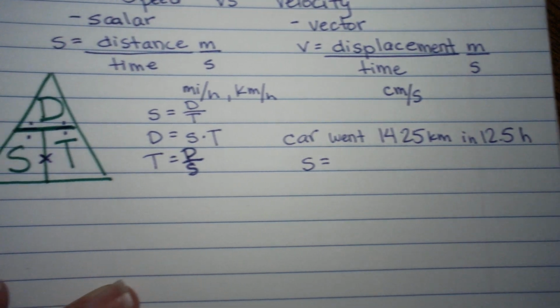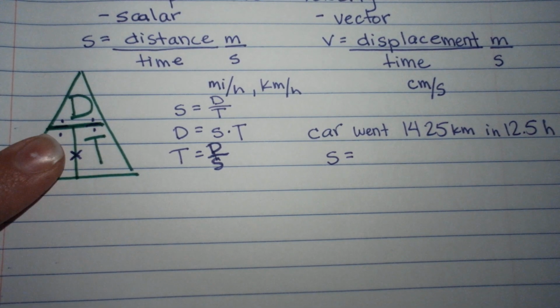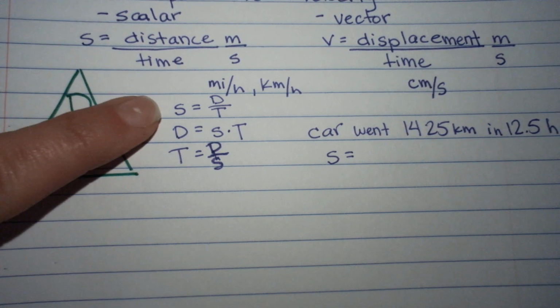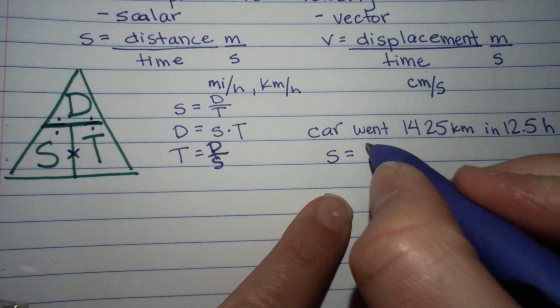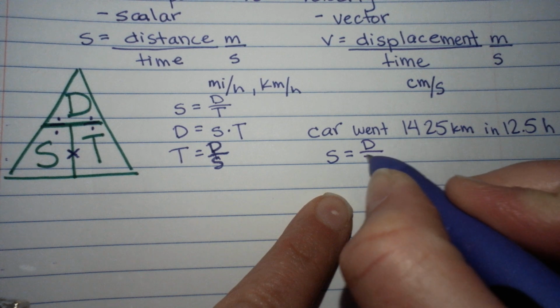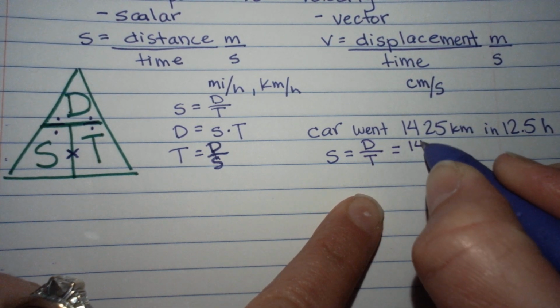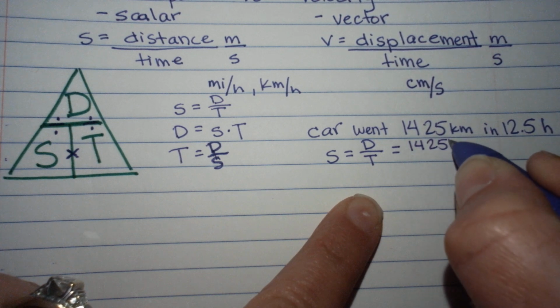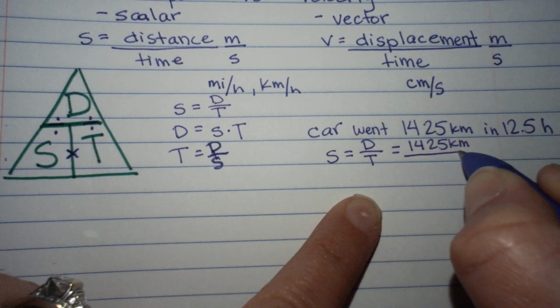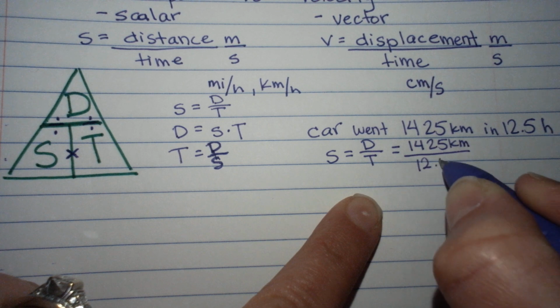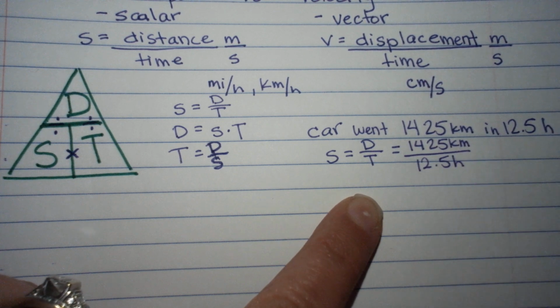Speed, we can go back to our triangle and say, okay, speed is distance divided by time, or we can go right to our formula. So speed equals distance divided by time. And in this case, the distance is 1,425 kilometers divided by 12.5 hours.